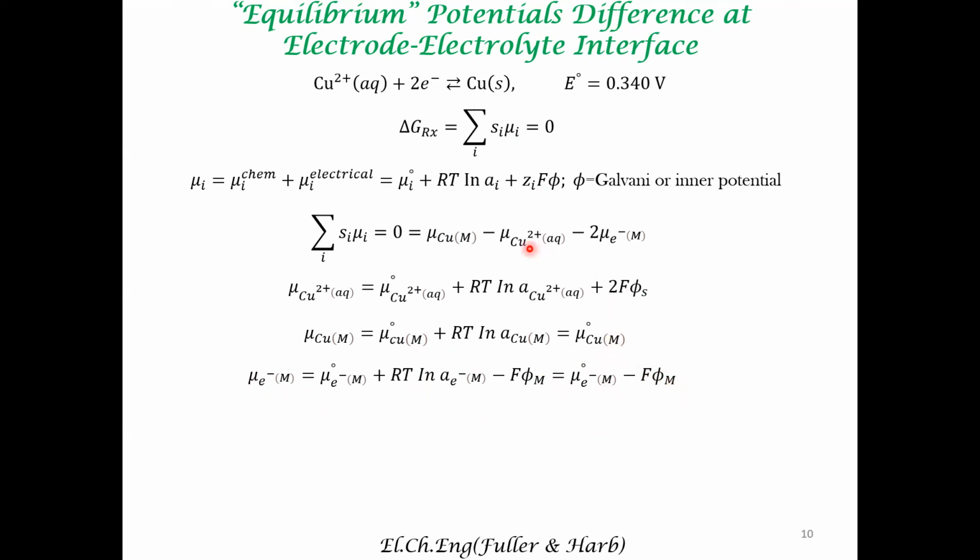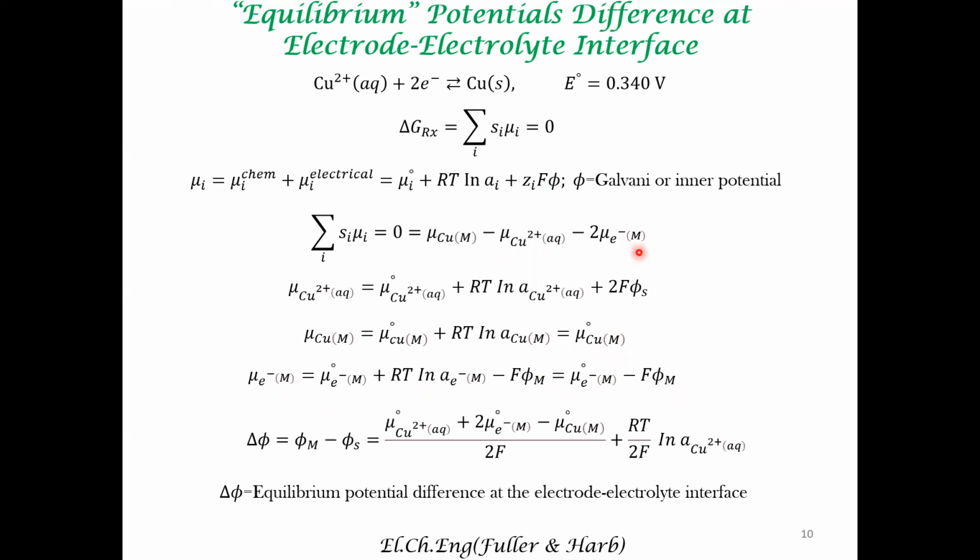Putting all these three equations into this equation, I get this quantity. What is this quantity? This is the difference between the electrical potential or electrochemical potential present in the metal minus the electrochemical potential of the solution.